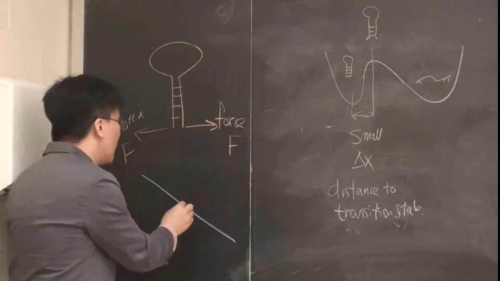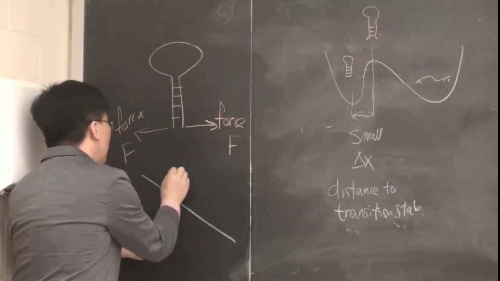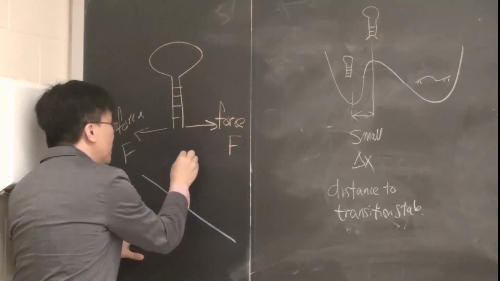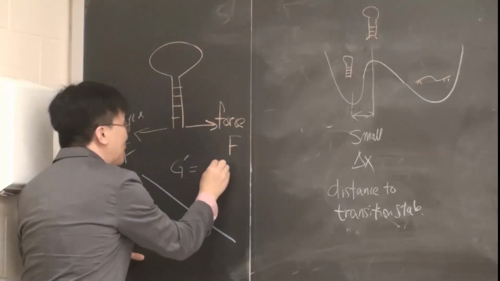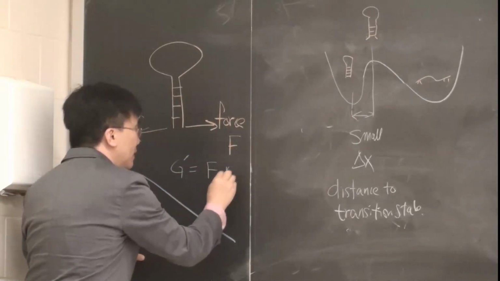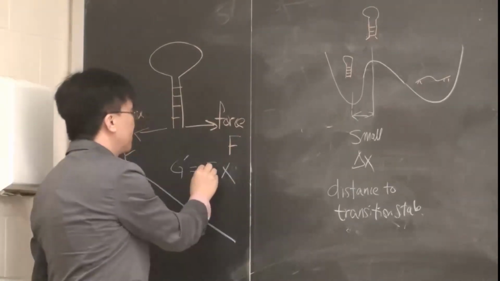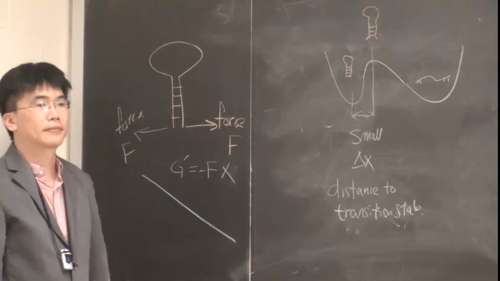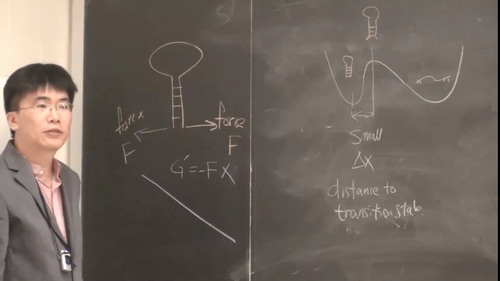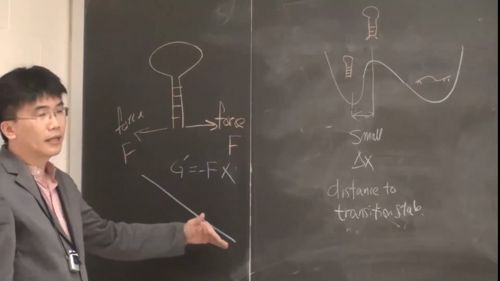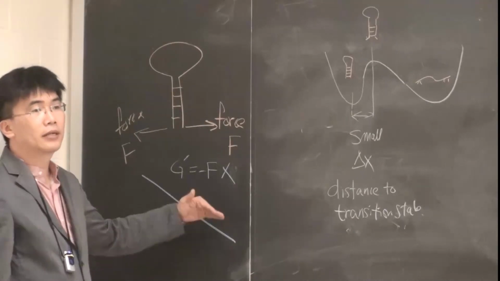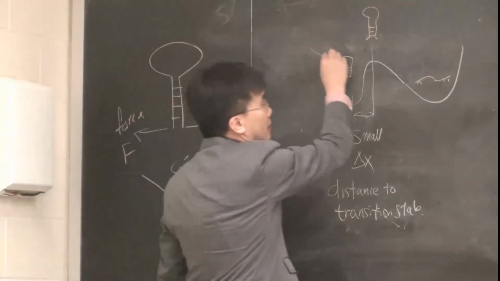And that slope, in terms of the extra free energy that you get, is actually F times x. So what you're doing is adding this linear energy term to this, right?